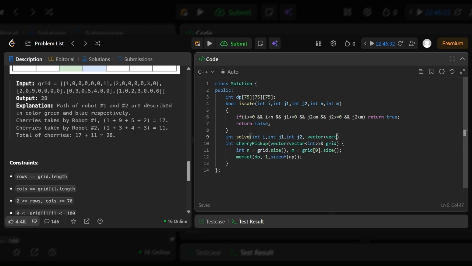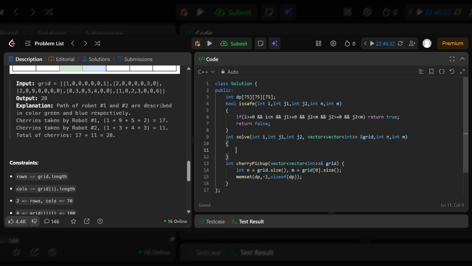Okay, now we have int solve function, which is for i, j1, j2, and we have a grid and an n. Okay, so our condition here says that if i goes greater than or equal to n, that means you have reached out of the bound, you should reach the bottom row. But if you didn't reach the last row, you will be returning 0 because you didn't collect any cherries. Also, if you are not safe here, we need to check whether this combination is correct or not.